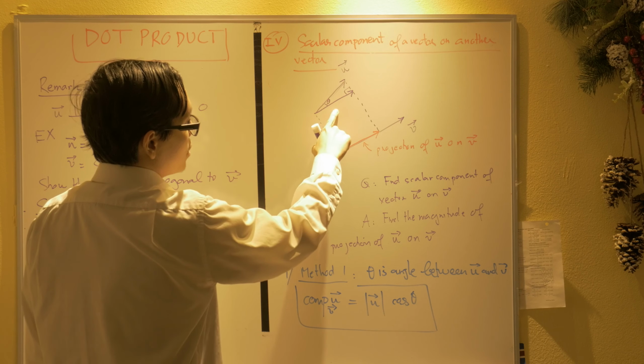So this formula comes from the fact that we translate the red vector to become the adjacent side of this triangle.